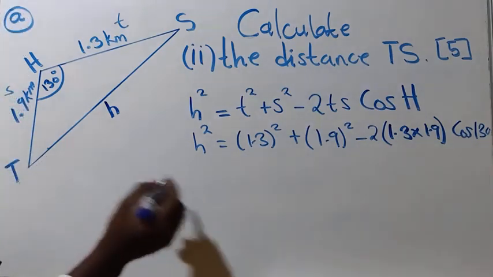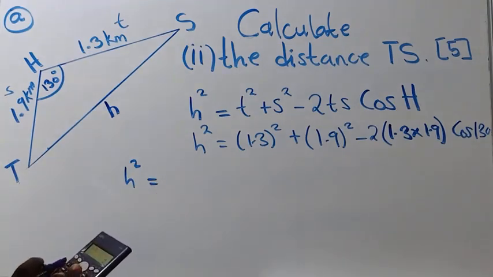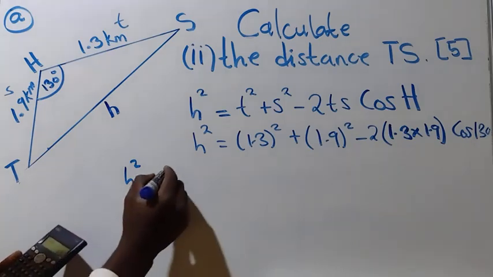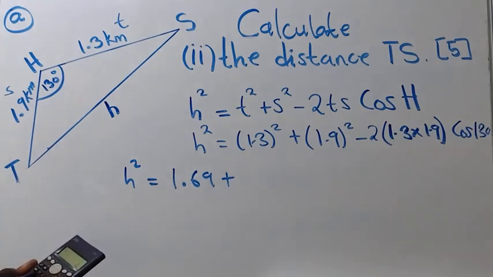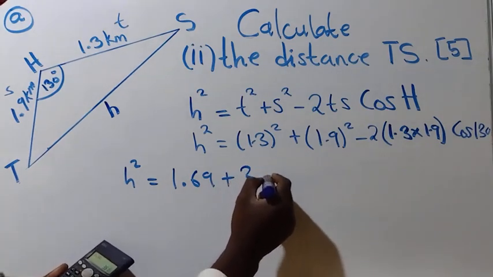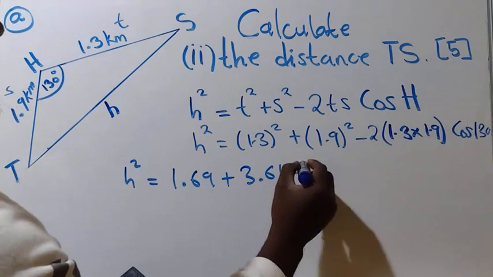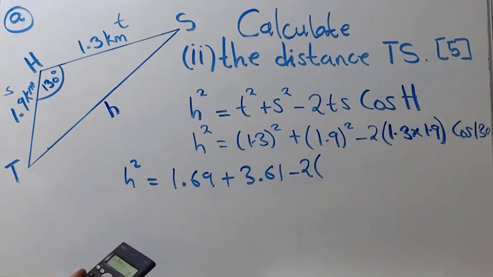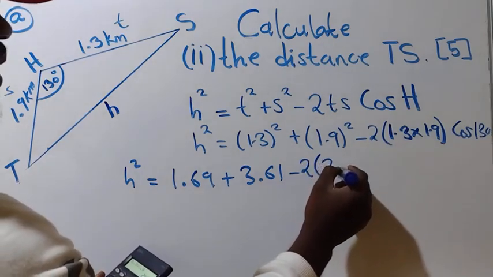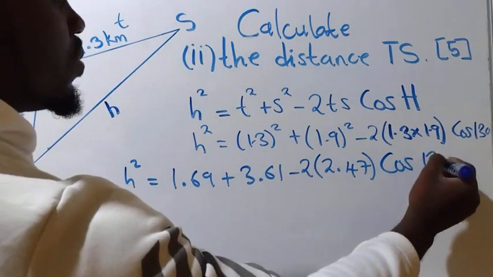I hope you are able to see the cos 130 there. It's just a matter of now multiplying. You get your calculator, because this is paper 2. 1.3 squared gives 1.69, then plus 1.9 squared, which gives 3.61, minus 2 times 1.3 times 1.9. 1.3 times 1.9 gives 2.47. Then cos 130 degrees.